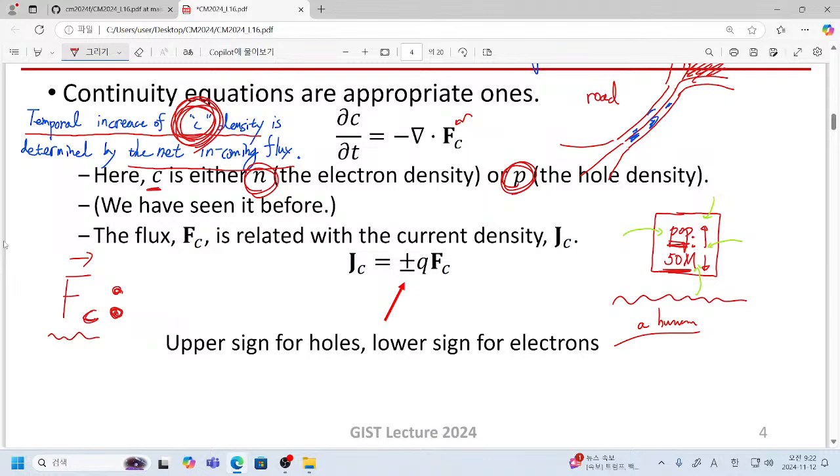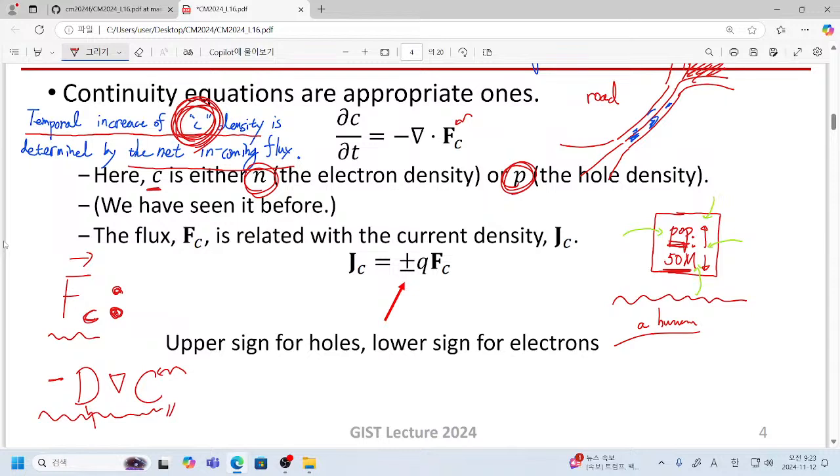For example, one simple form you have already seen was this one. Do you remember? In this case, that was the dopant density, and this was the diffusivity of your dopant.